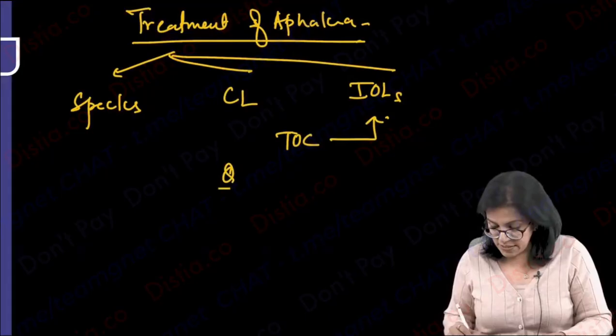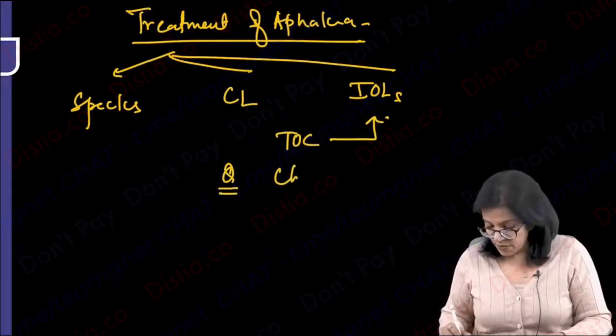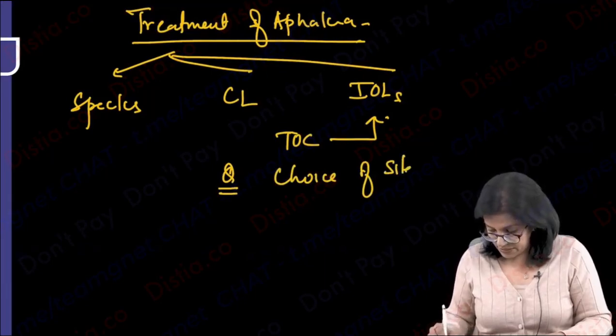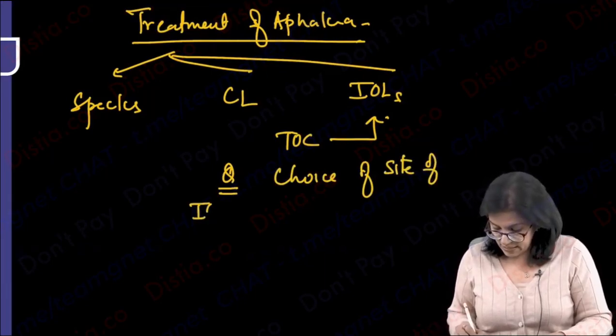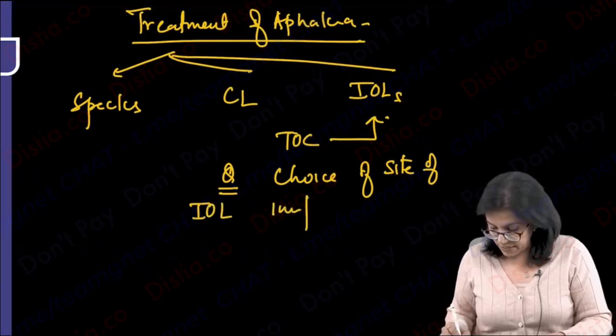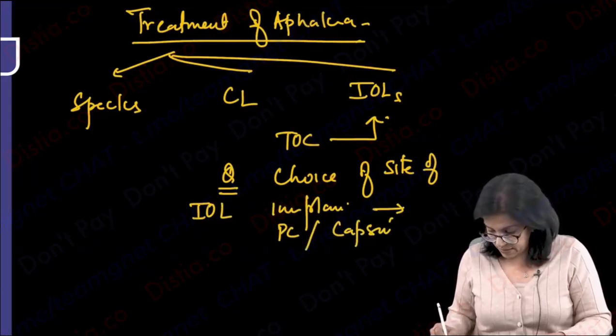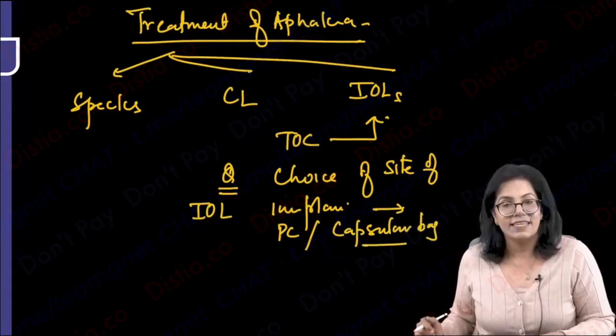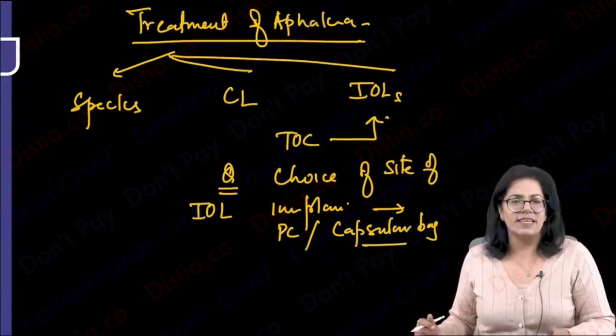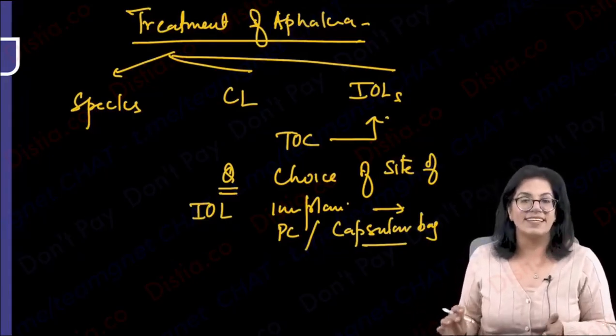Then they have asked you what is the choice of site of IOL implantation. We will say it is posterior chamber or capsular bag. We have learned this in our lens chapter. We don't have to go into detail here.